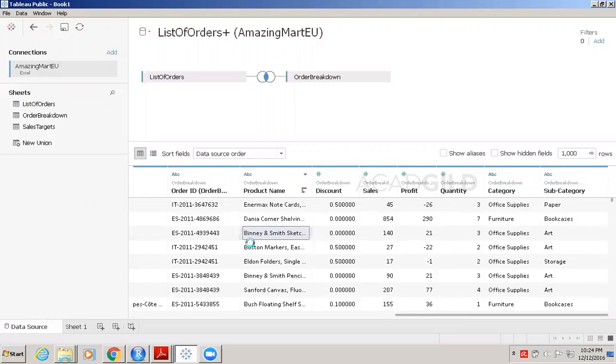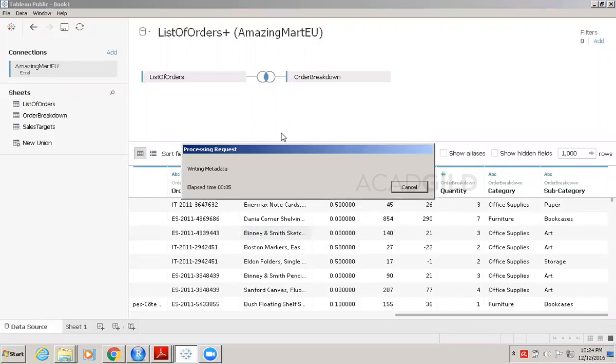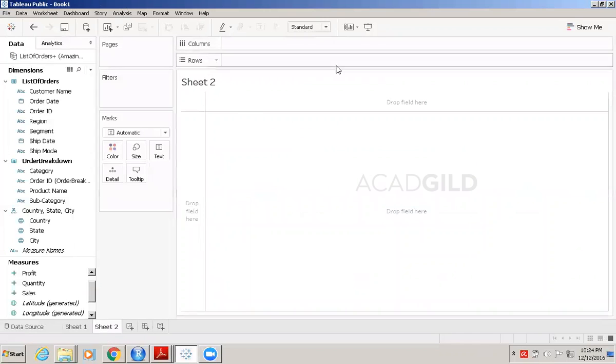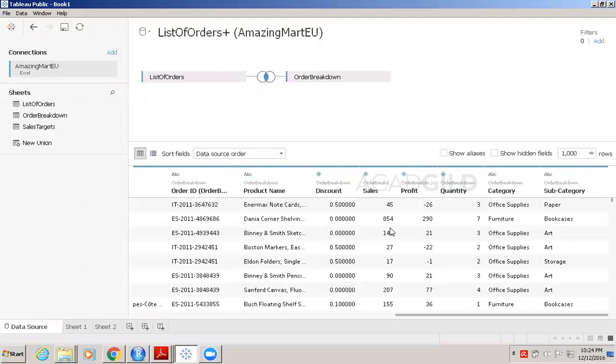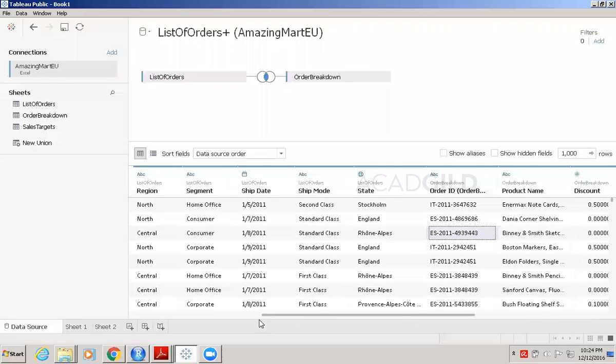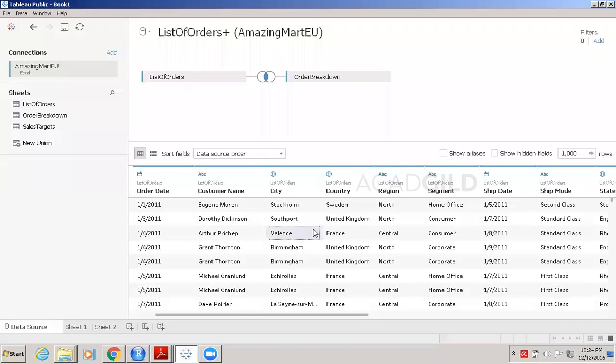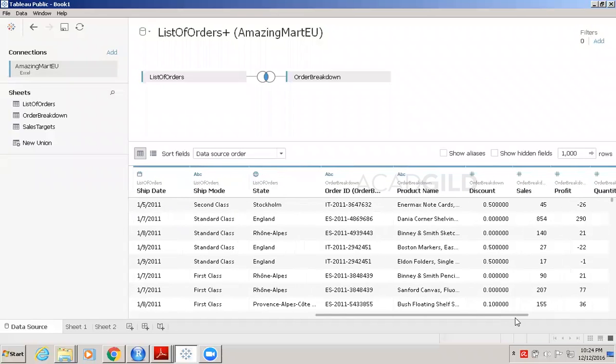Now, if I can show you some graphical information. Let's say that in the original sheet you had seen that there are various cities, countries, regions, and then there were some sales figures.